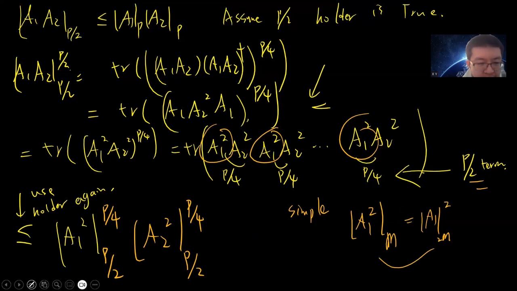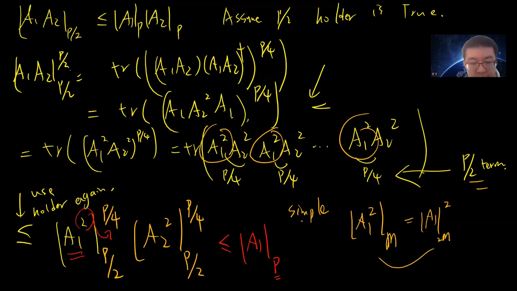So if this is true, then we can change our right-hand side to be A1 to the p. Notice this is p and p divided by 2 here. So it's p divided by 2 and A2 to the p divided by 2, p.